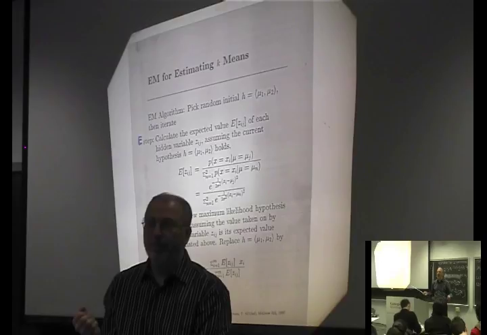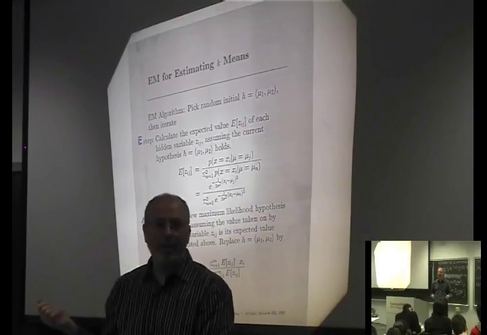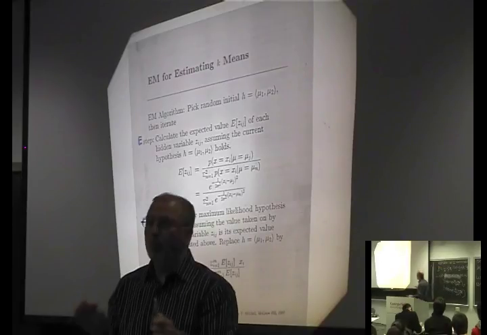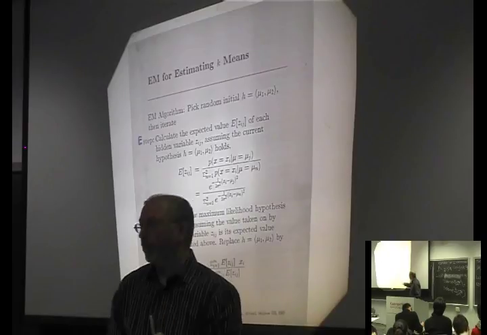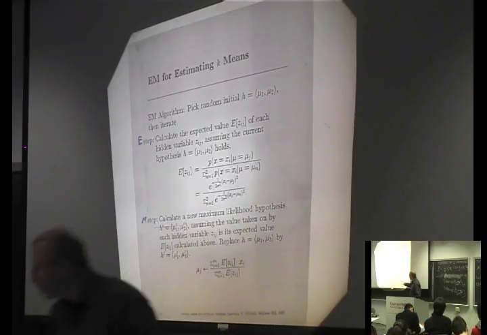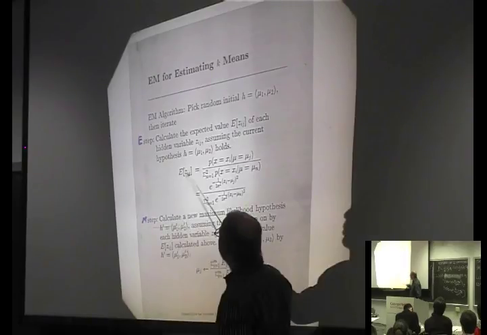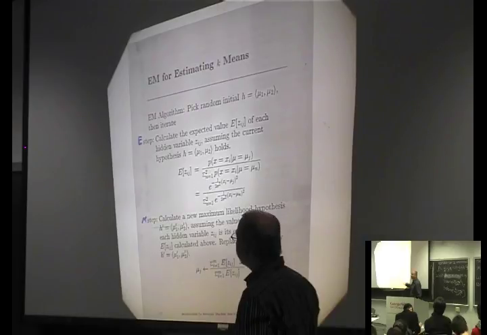You maximize the value of mu for that bucket, or for that Gaussian, given the tentative fractions. And this is the formula that I mentioned to you. It's a summation, a weighted average of the x_i's weighted by the fractions. These are the fractions that went into the different buckets.